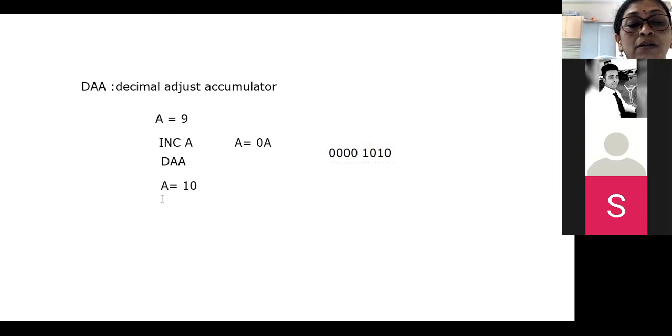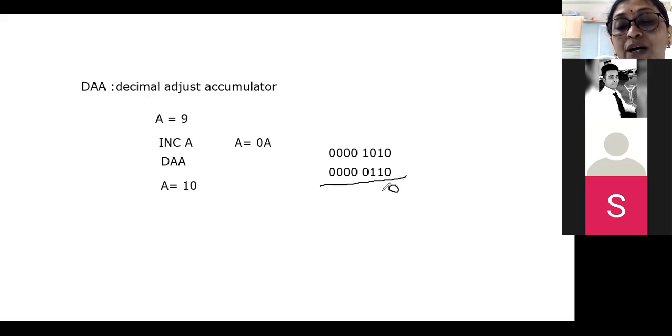Now, what will the DAA instruction do? It will add 6 to this. So it will add 06, which is 0110. Now let us add these contents and see what happens. What is 0 plus 0? 0.